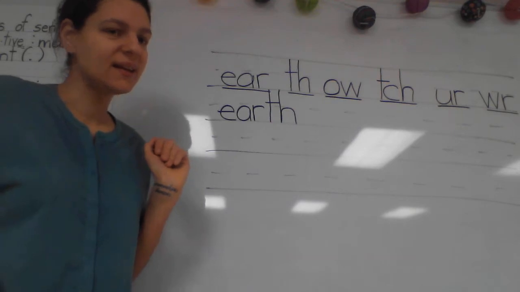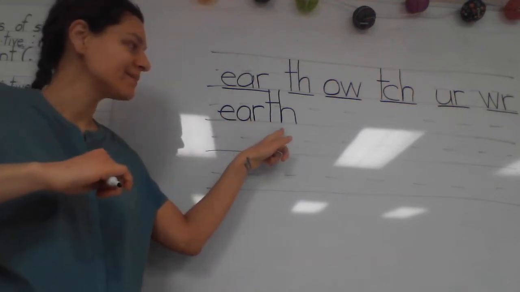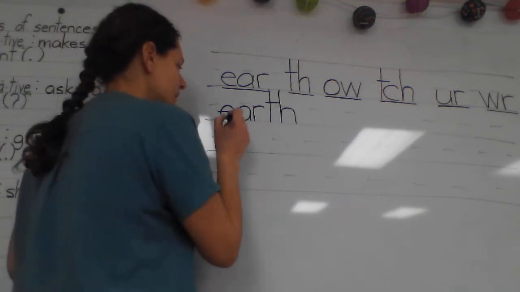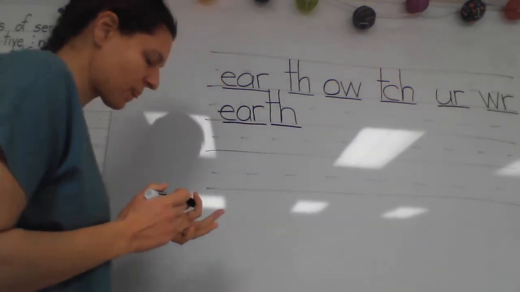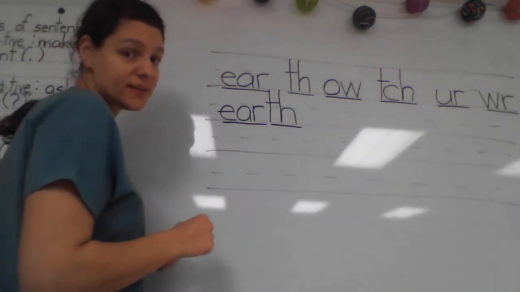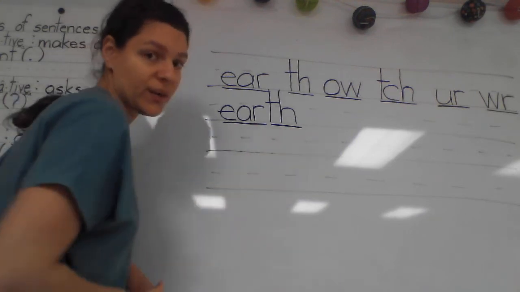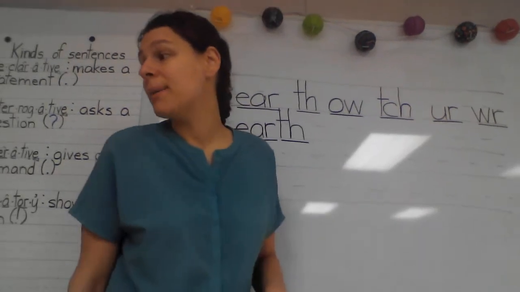Let's mark it. Does this need a marking? Good. How about this? Good. All right, pick up your pencil. And let's read our words. Good. Earth. All right, our next word is above.